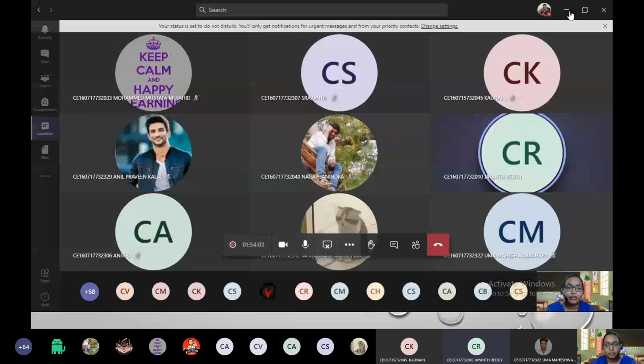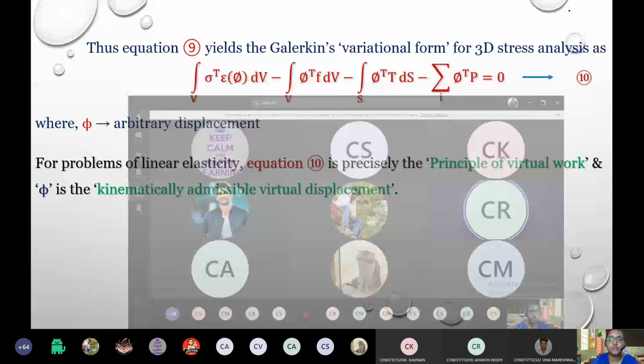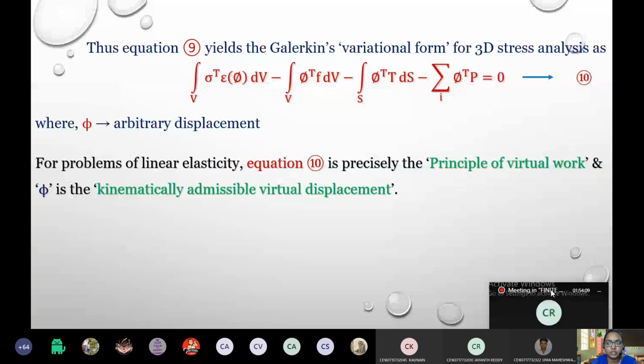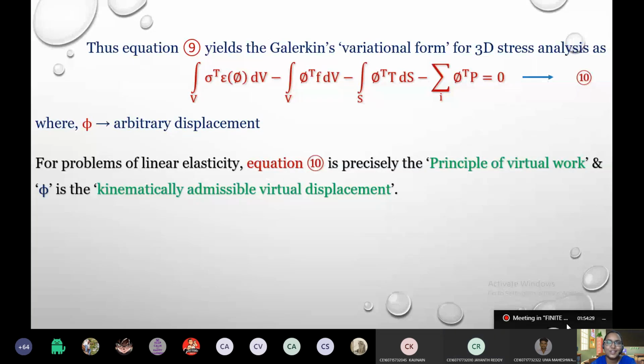Any one member, by the time Jan could see back his notes, what is the principle of virtual work? We have seen it in the previous subjects, this concept is not new. Anyone? Ever heard of it? Please tell me if it is a yes or a no so that we can continue the class.